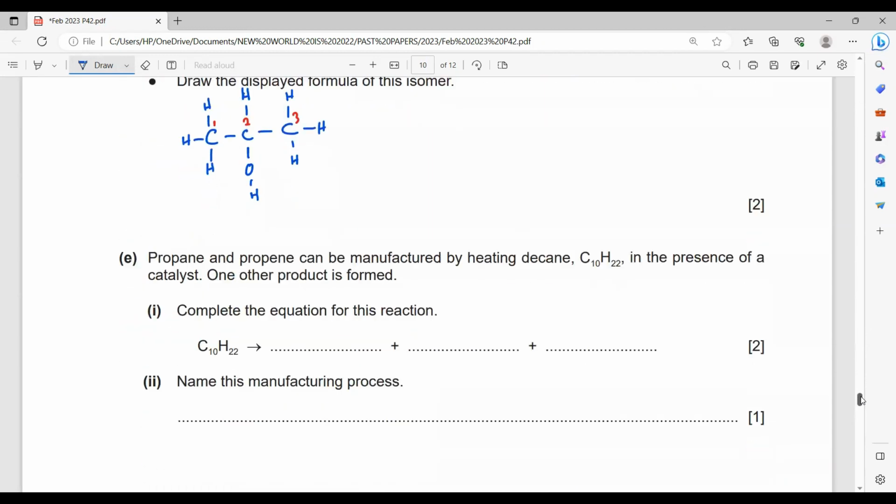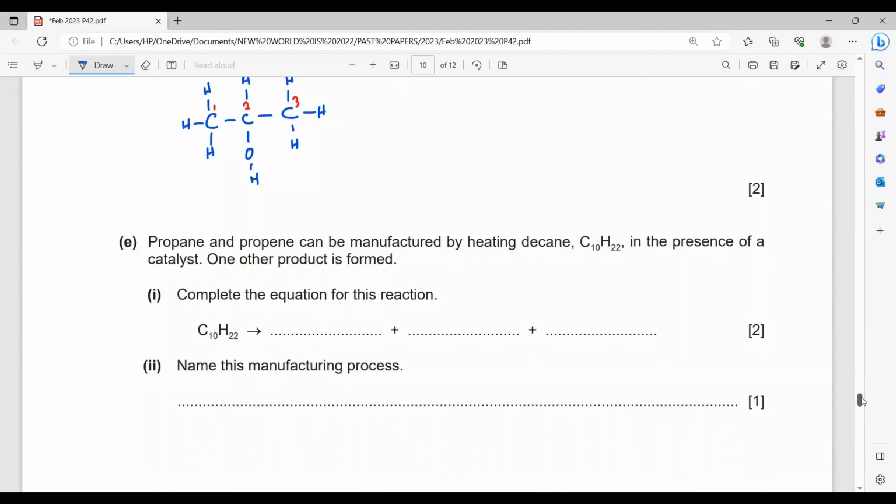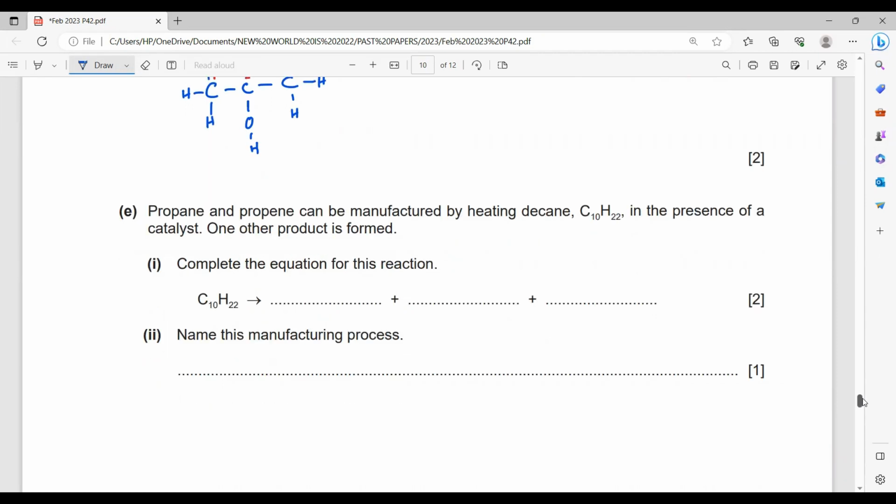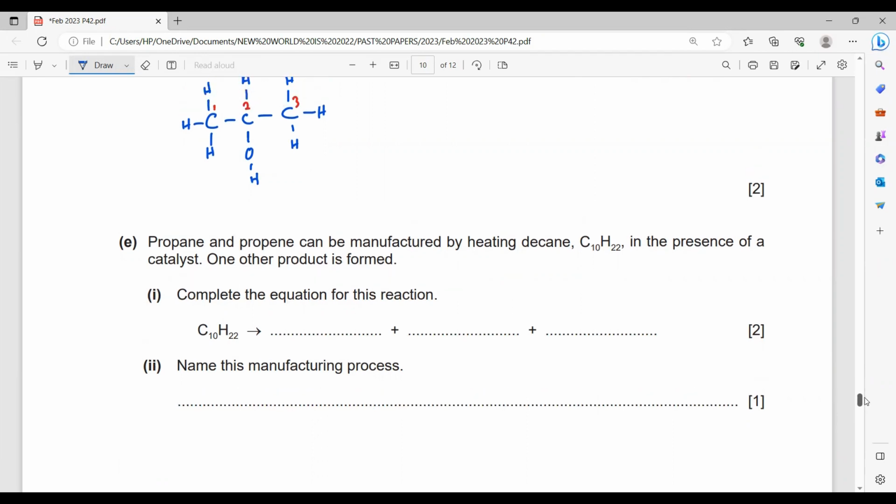Next question: propane and propene can be manufactured by heating the alkane in the presence of a catalyst. One other product is formed. Complete the equation for this reaction.